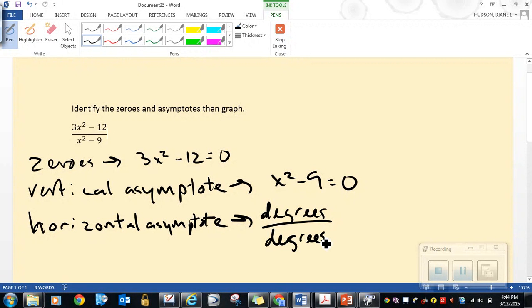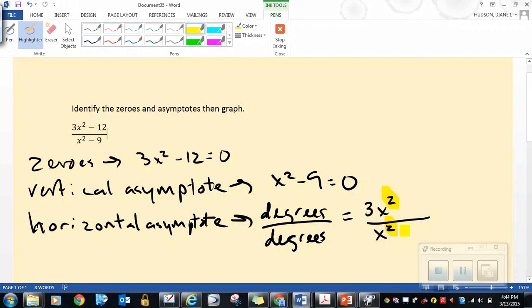Alright? So here we have a second degree. We have 3x squared on top, and then we have a plain x squared on the bottom. You're only going to be looking at your leading coefficient and the degree of your first term. I see that my degrees are the same.